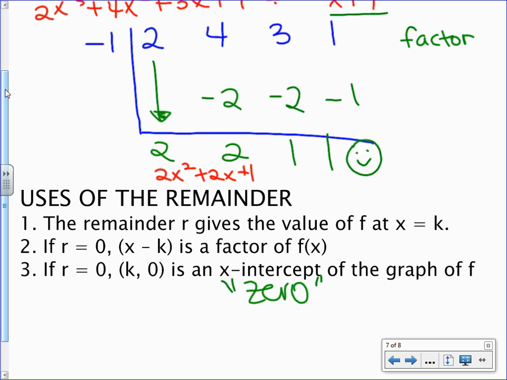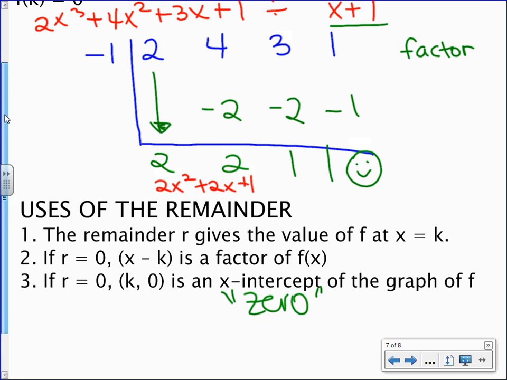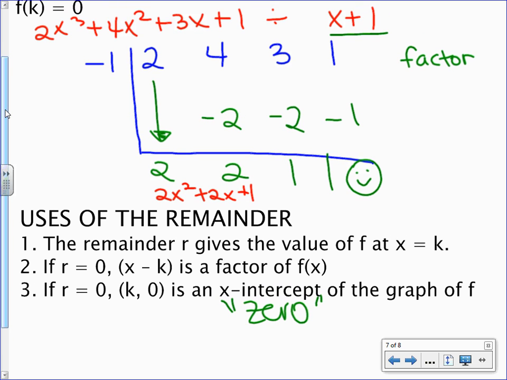Now, if I told you that x plus 1 was a factor, then we would know we should get a 0 here, right?